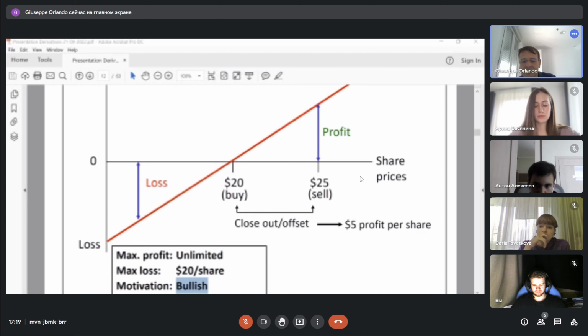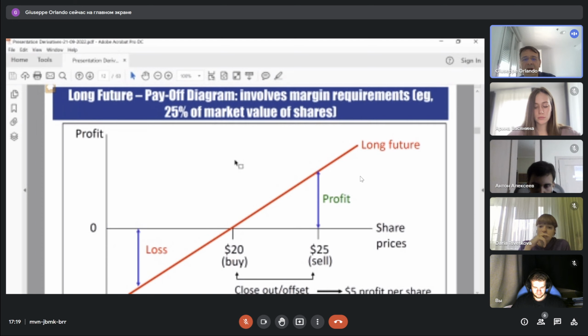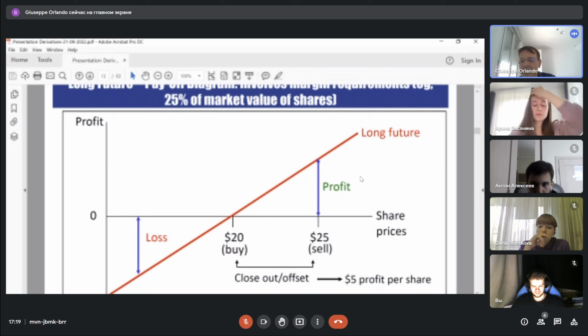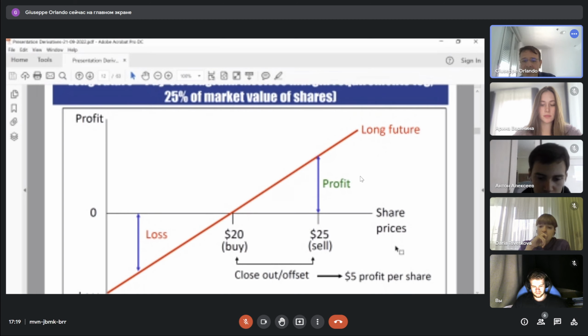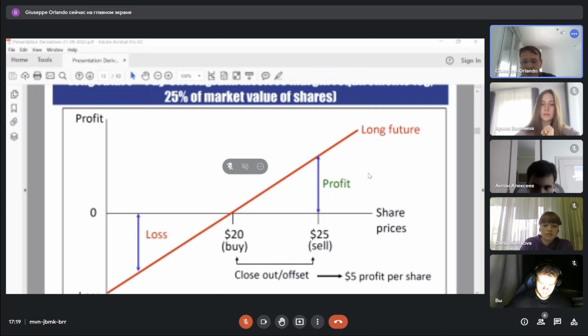And here there is an example about the margin requirements. If you remember, we mentioned margin requirements because we said that we must ensure that the counterparty is protected against our possible default.